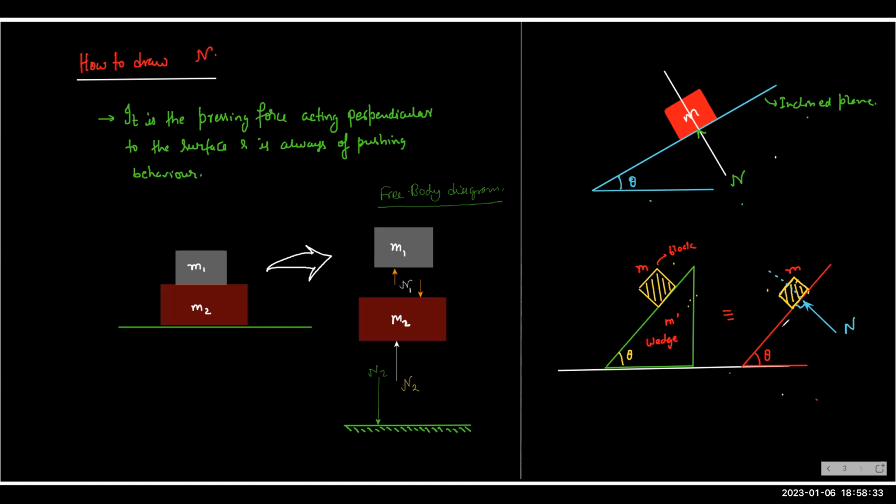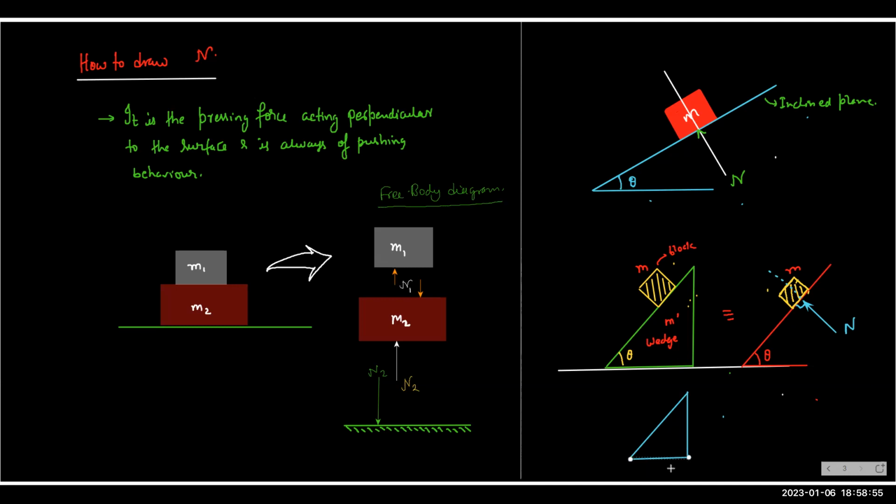When you're trying to do it for the wedge, draw the wedge separately. I'm just shrinking it because of the space constraint, nothing else. And for the wedge, how many points of contact can you see?